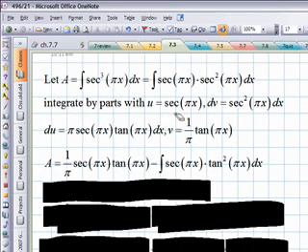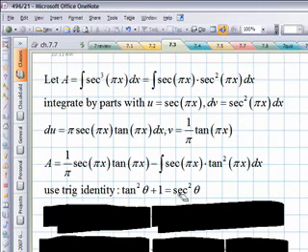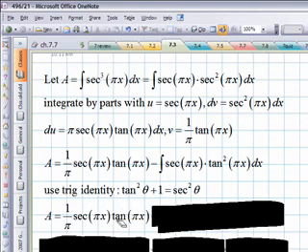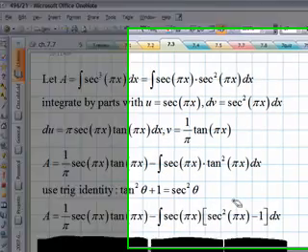here's my uv minus v du. So u is secant pi x, v's over here. So these two together minus v du. All right, and then I'm going to use a trig identity over here, this particular one. So I will leave this the same, and then on the inside, I will change the tan squared to secant squared minus 1.